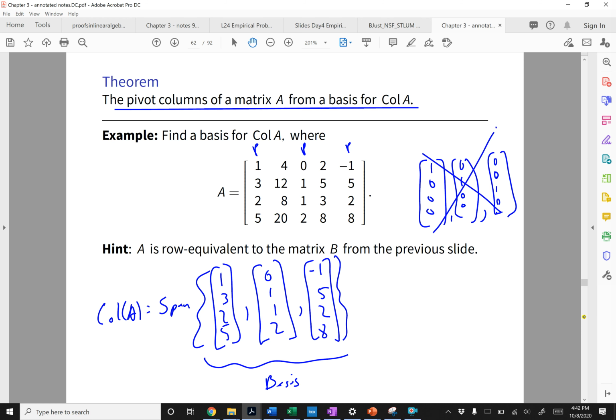This isn't the basis for the same column space as this is. They're not the same. One way to see that is here I have no way to get anything but 0 in that fourth variable. But here I have values 5, 2, and 8, so I can get different values in that one.